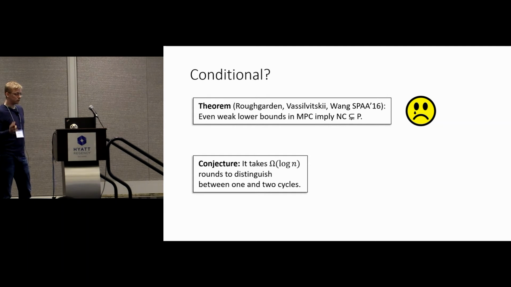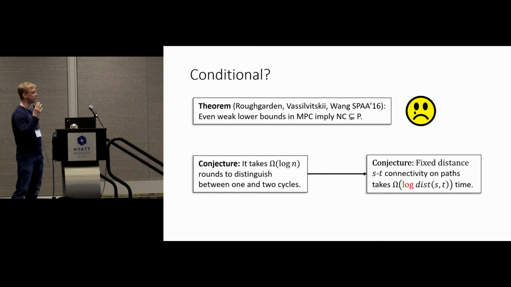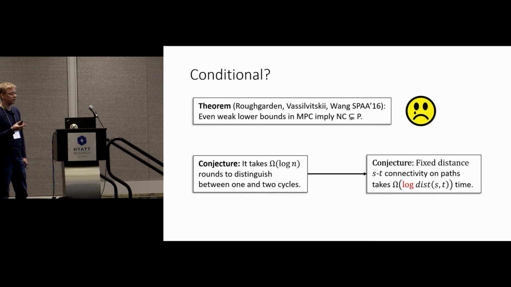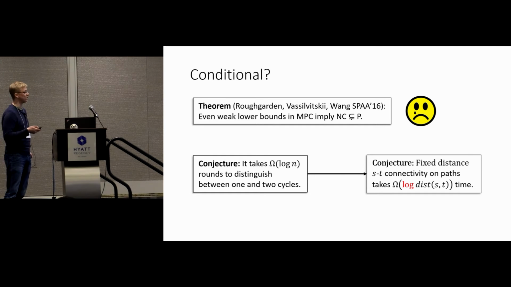And then in, I think it was the first talk, this conjecture was mentioned that it's difficult for these low memory MPC algorithms to distinguish one cycle from two cycles. And one thing we did was to formulate this conjecture in a nicer way, and we brought out a much, I don't know, it's not cleaner, but it's somehow much nicer problem to deal with. That it's still hard, and we showed that this problem is also hard if the two-cycle conjecture holds.